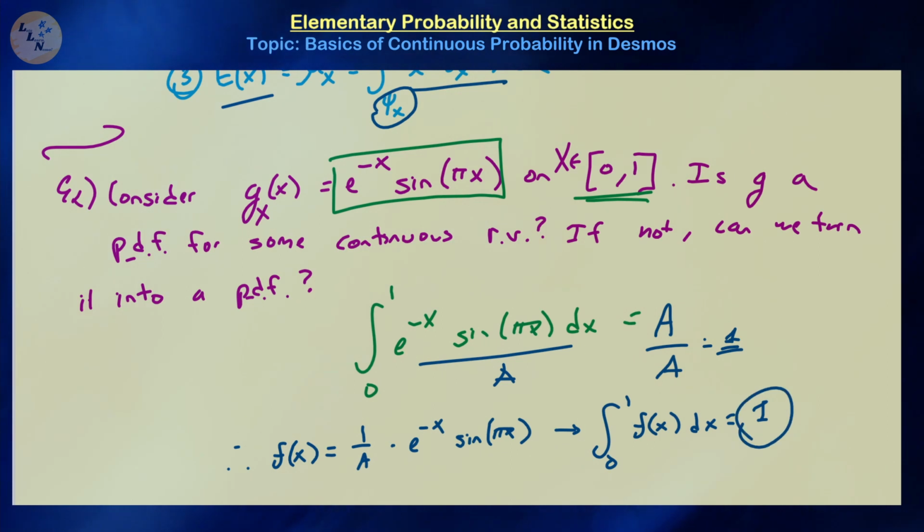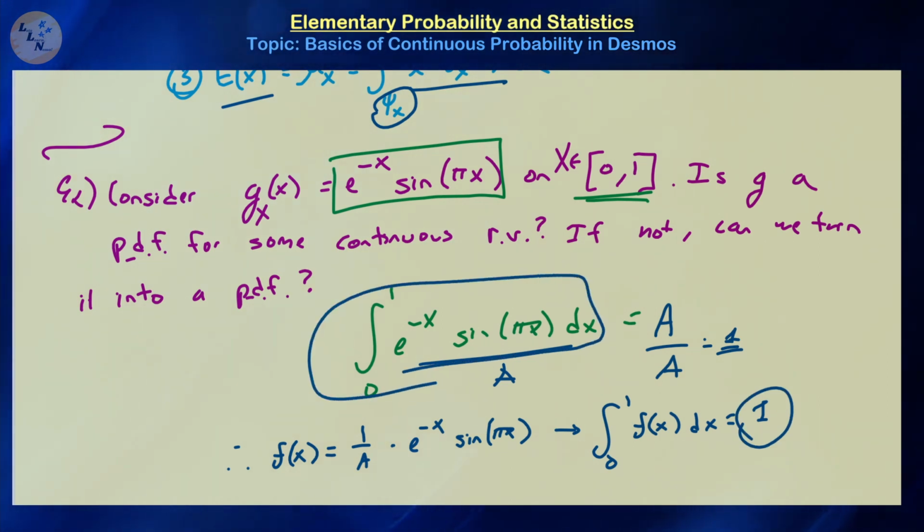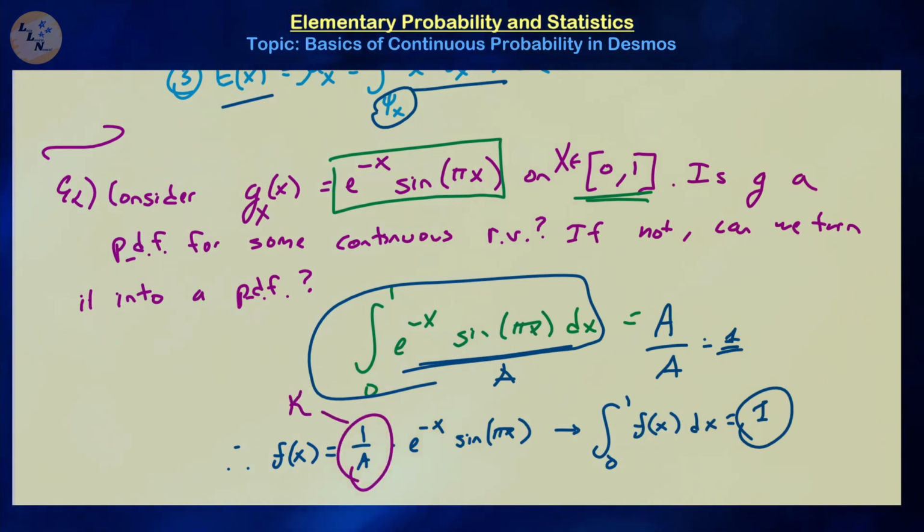So that means regardless of the function that we have, as long as it's positive, we can actually transform it by including this normalization factor, which some people just abbreviate by k, to normalize the function and then make it a density function for some random variable. So now that we have some basic strategies associated to these things, let's just go to Desmos and see how these things turn out.